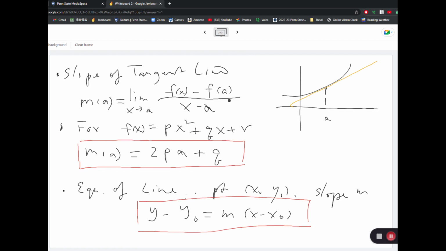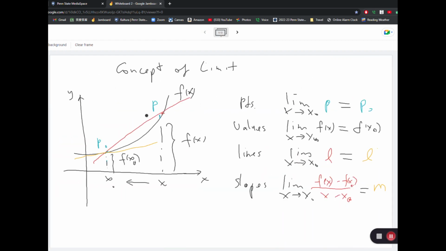So we want to talk more about it. Now, from the graph we had here, we find out that this kind of limit is actually the slope of a tangent line, right? At x0, the fixed point.